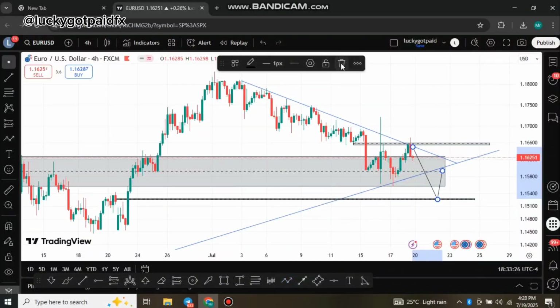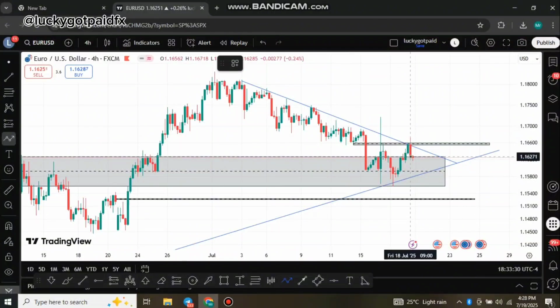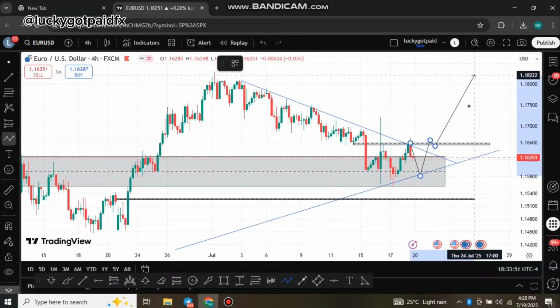For us not to be a victim, we wait for the price to go like this, give us something like this, maybe. Or we enter the market when it breaks above here with body, not with wick. We enter for a buy after a little retracement, then boom.